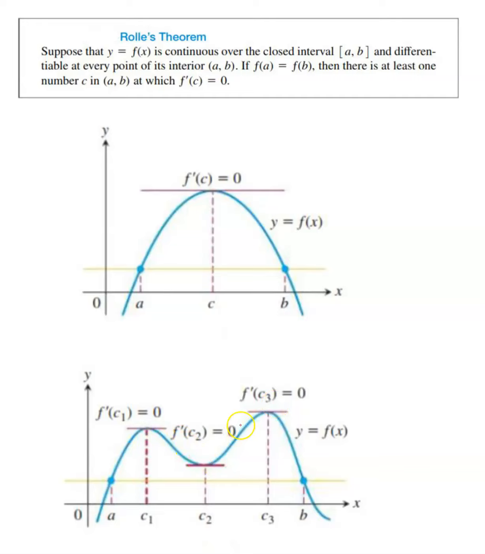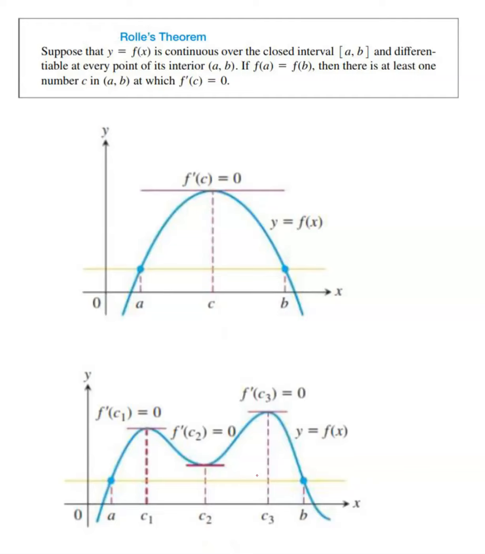But you also know that in this interval a to b, the absolute minimum is c2 and the absolute maximum is c3, because among all the minima, this is the only one. In fact, there was only one minimum value. Among all the maxima, you have one that is the maximum absolutely, and that is here c3. Anyway, we can see a lot of other things that we've learned before coming together.